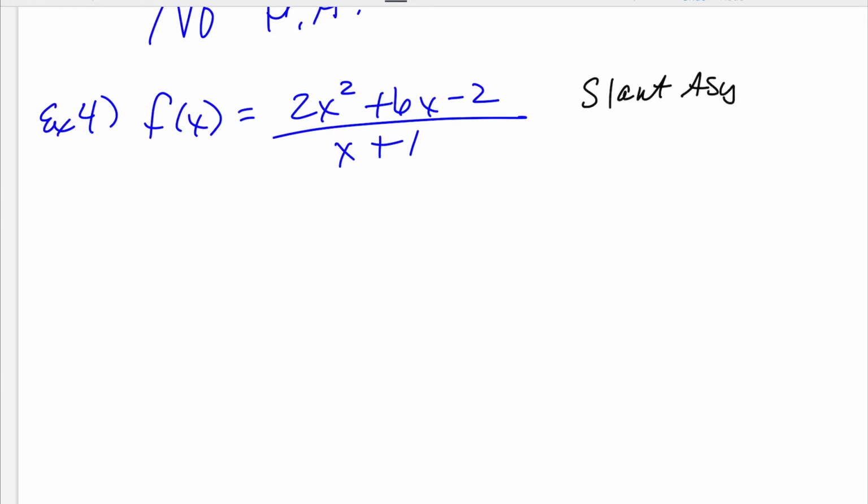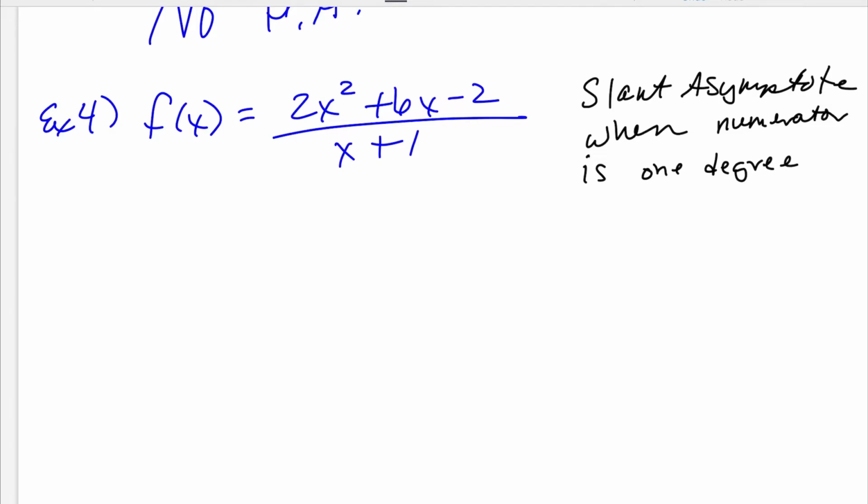Slant asymptote when the numerator is 1 degree greater than the denominator. My handwriting is just bad to the bone, isn't it? So 1 degree greater than the denominator. That's how we know this is going down. Okay, good.